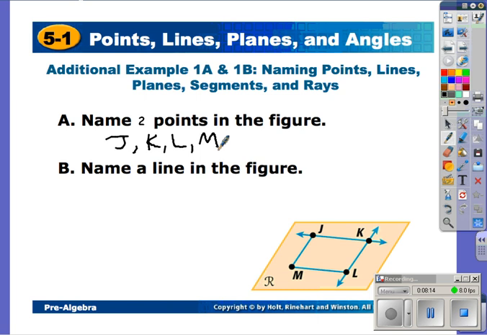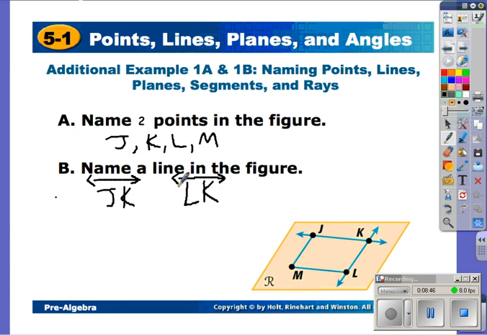R is not a point in the plane. Name a line in the figure. Well, again, a couple different options here. A line, remember, extends in both directions forever. So you would have to have line JK. Don't forget you need to have the line above it with arrows. You could also have said line LK, and again, your line above it.